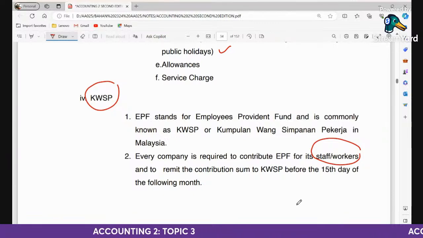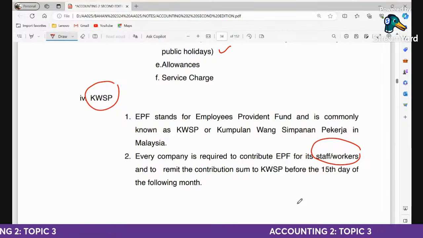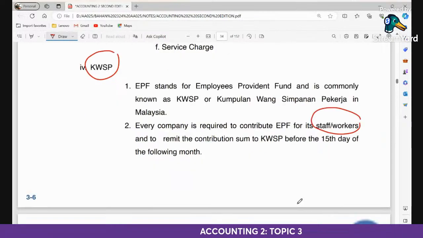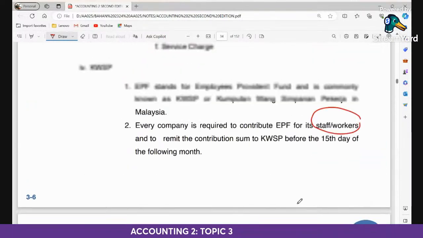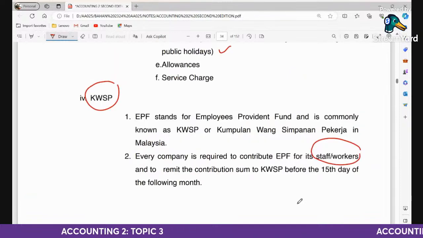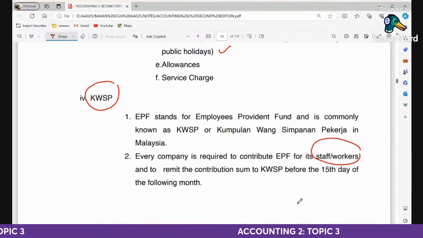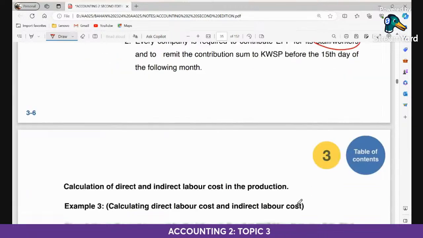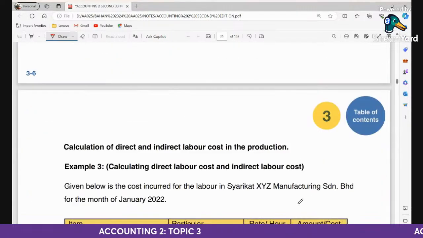Because it must be done before 15 every next month of your salary month. So itu adalah item atau kriteria yang ada dalam direct labor and also indirect labor costs. Okay, so now we go to calculations.